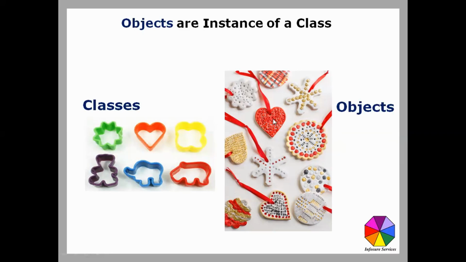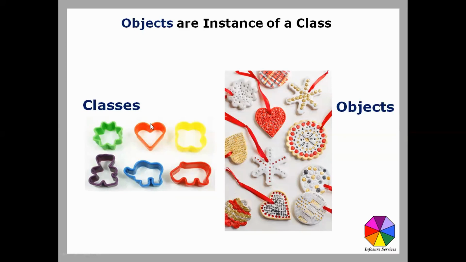The object conforms to the same property and can use the method, what is being defined in the class. But here is object 1, object 2. These two have different colors. This instance is different from that instance.